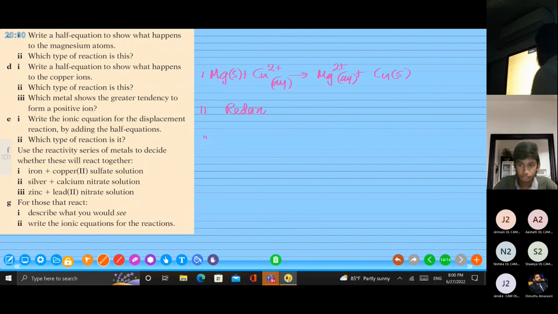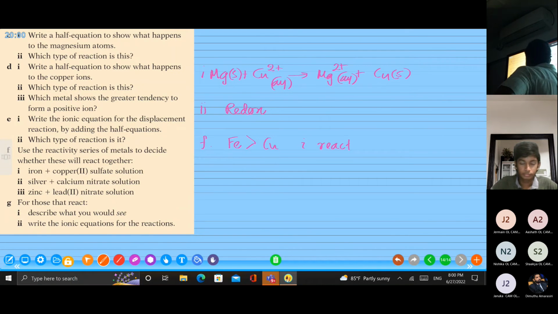Use the reactivity series to see whether these reactions happen or not. Iron and copper: is iron more reactive or copper? Iron. So the reaction can take place, because iron is more reactive.